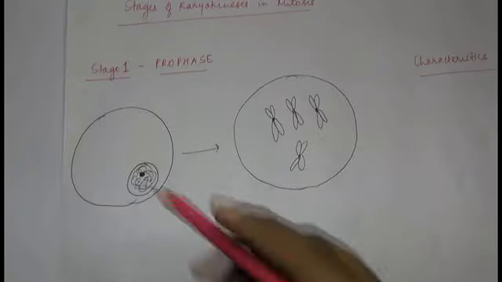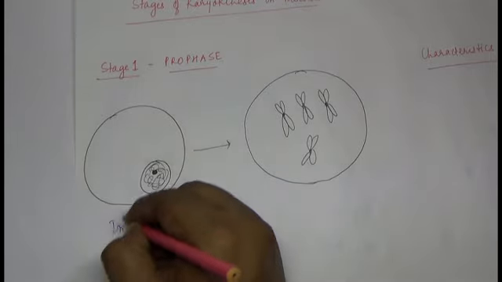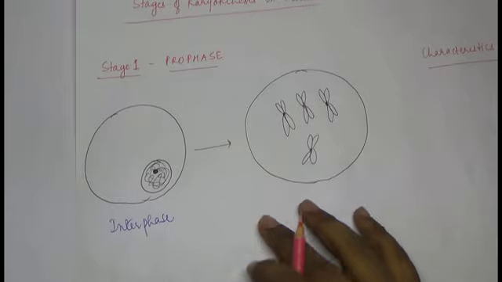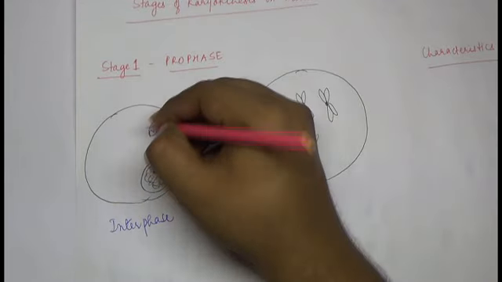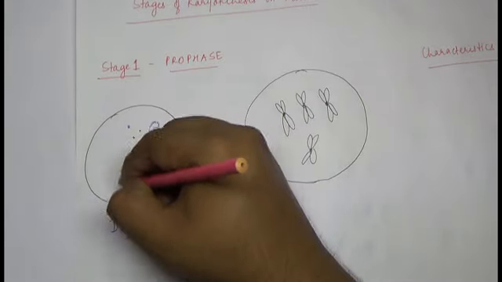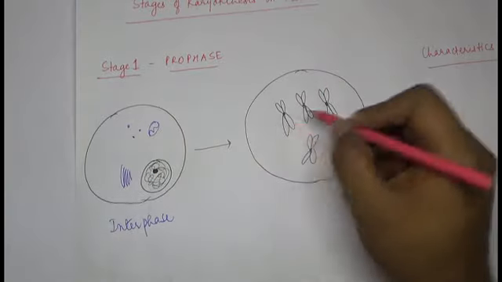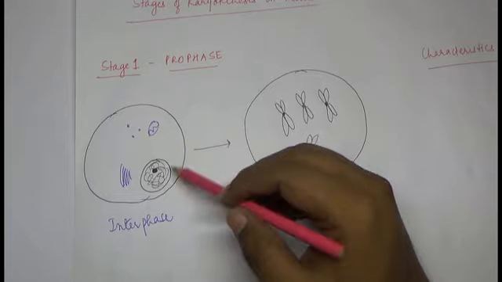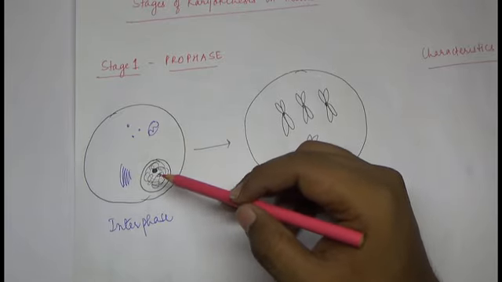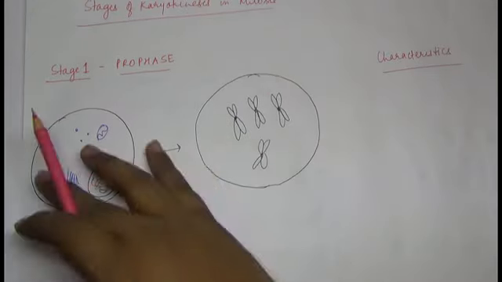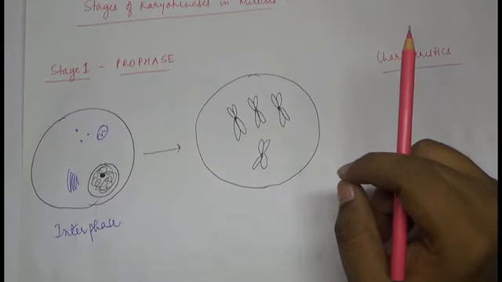Alright, in the normal interphase, the cell looks somewhat like this. Of course, organelles will be present over here, which I have skipped deliberately because this chapter basically deals with the nucleus. So we just see a prominent nucleus over here in the interphase. But as it enters into prophase, a series of changes takes place.